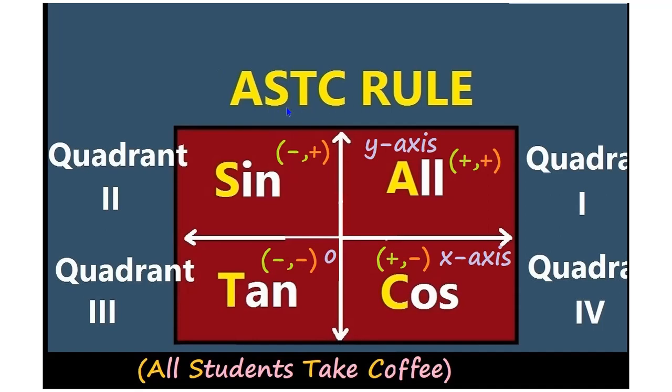This can be memorized using this quotation, all students take coffee. A for all. S for sine and its reciprocal are positive, remaining are negative. T for tan and its reciprocal are positive, remaining are negative. C for cos and its reciprocal are positive, remaining are negative.